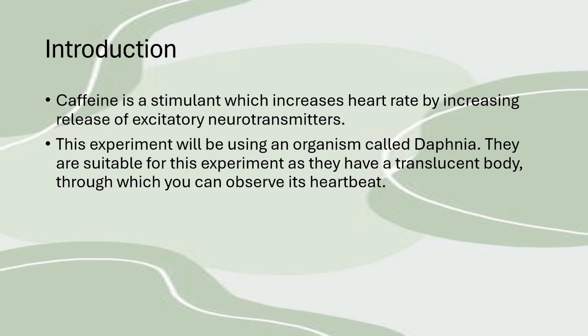This experiment will be using an organism called Daphnia, which is a very small organism, and you're very likely to see them in your labs in school. They are suitable for this experiment as they have a translucent body, which means you can see through it, and you will be able to observe its heartbeat.